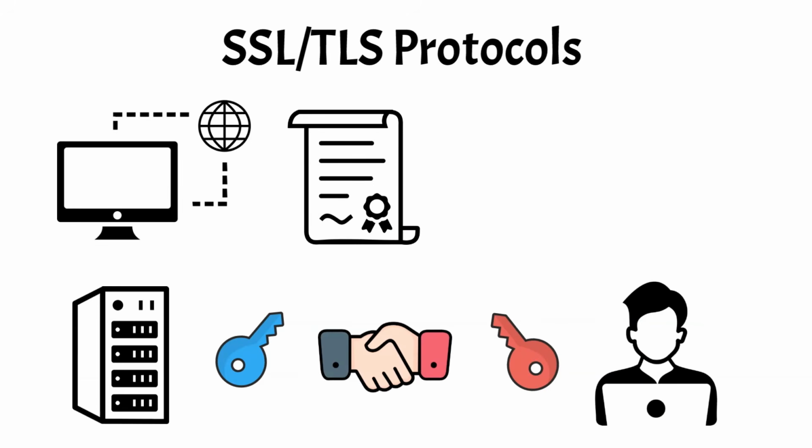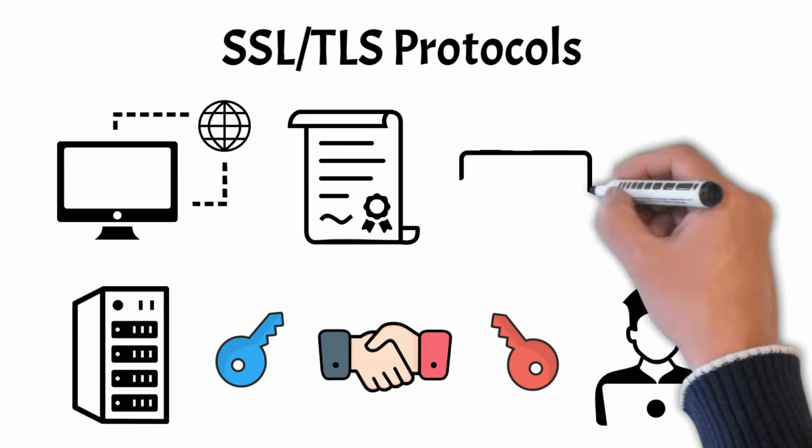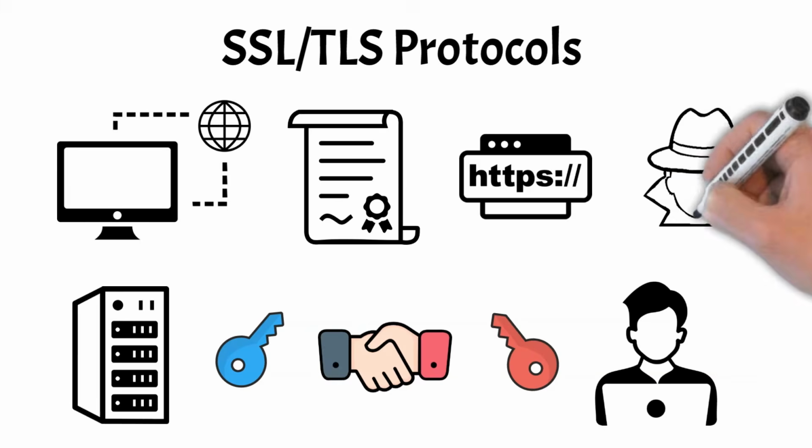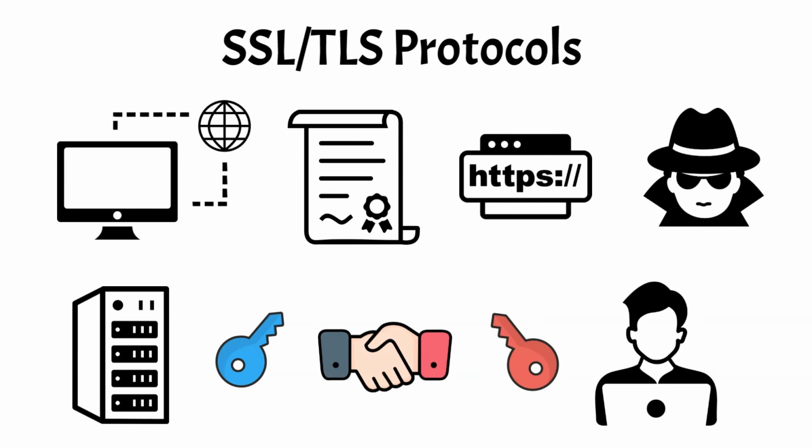Once the secure connection is established, the data can be transmitted safely. SSL/TLS is widely used to secure web browsing, email communication, online transactions, and other forms of data transfer. The presence of HTTPS in a URL indicates that SSL/TLS is being used, providing users with confidence that their data is protected against eavesdropping and tampering.